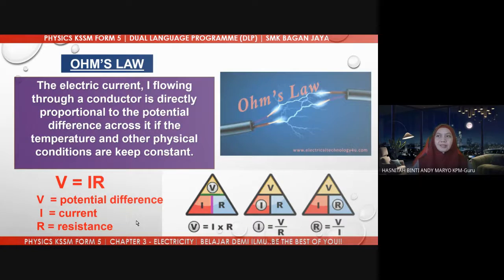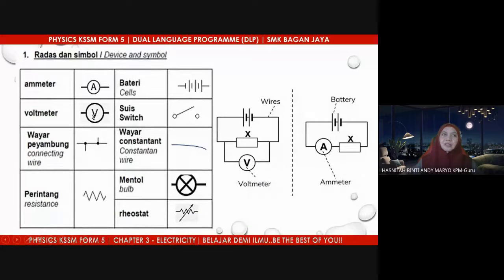Next. To understand this subject involving electricity, these are the symbols for all the devices which you have to know very well. Ammeter. What is the purpose of an ammeter, students? To measure current. Very good. And this is the symbol for ammeter. If you are asked to draw a circuit diagram, this is how we draw an ammeter.